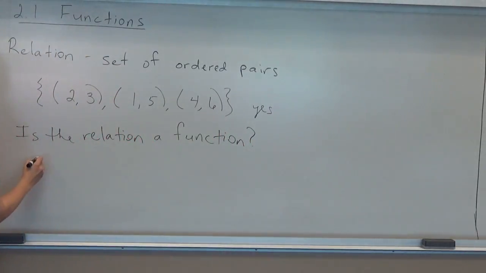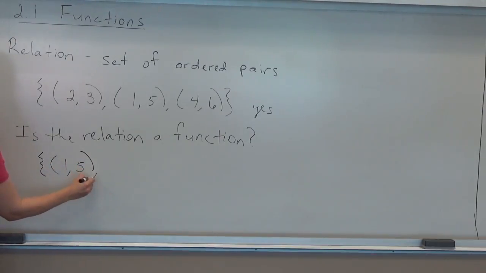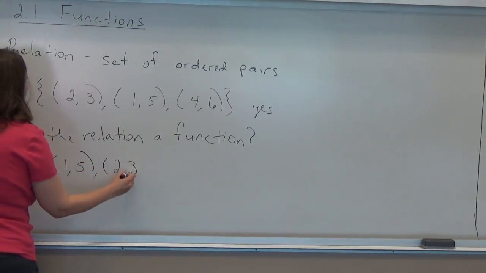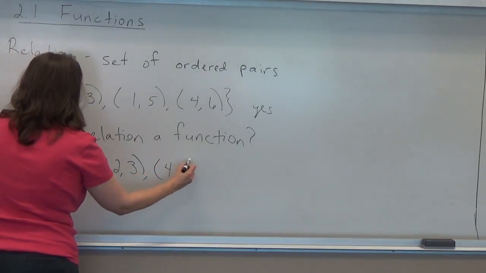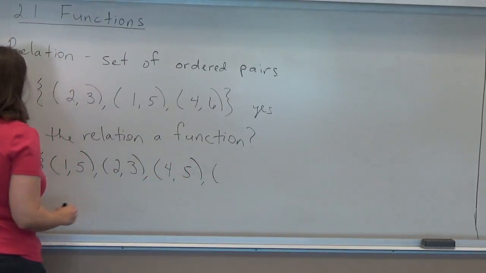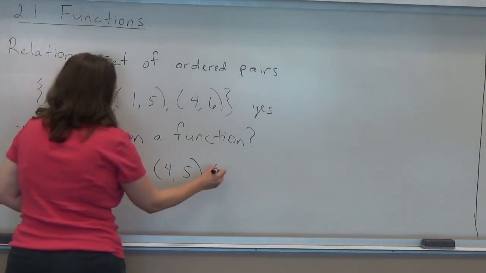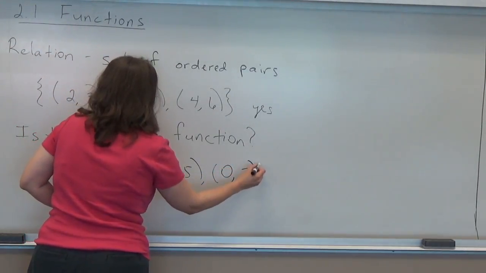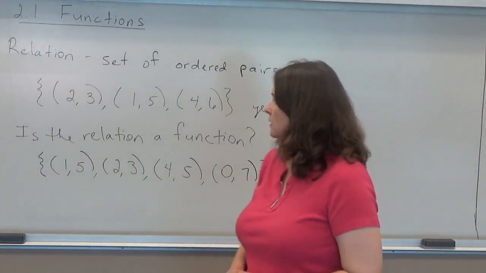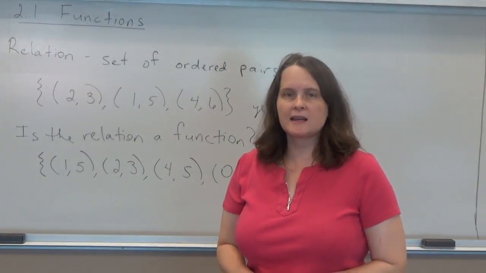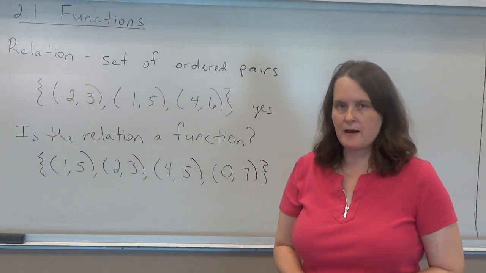Okay, so what if we've got the set with ordered pairs (1, 5), (2, 3), and (4, 5). And let's do one more. Maybe I've got ordered pair (0, 7). Okay, so this time I've got a set of 4 ordered pairs. I'm trying to determine if each x is being matched with exactly one y value.